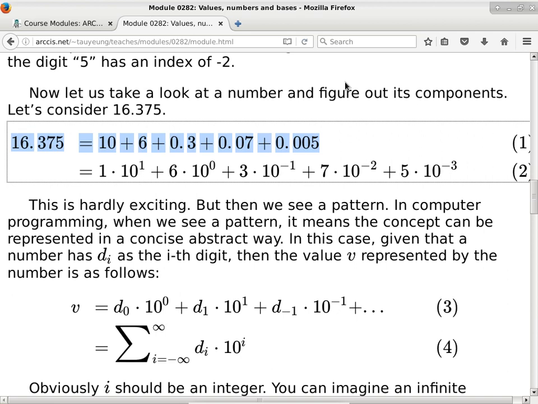Then you look at the second line. The second line says, by the way, we can write 10 as 1 times 10 to the power of 1. We can write 6 as 6 times 10 to the power of 0. We can write 0.3 as 3 times 10 to the power of -1, and so on. Okay, cool. Any middle schooler can tell you that, yeah, I understand that part too. What is the significance?